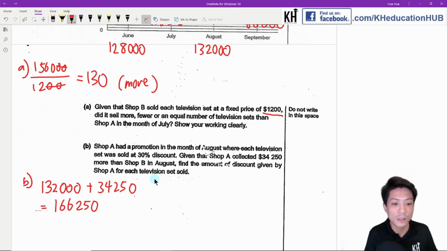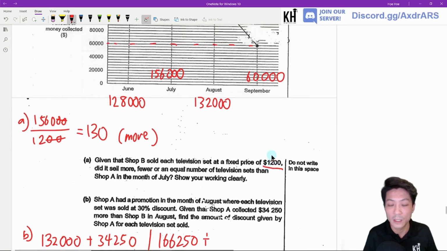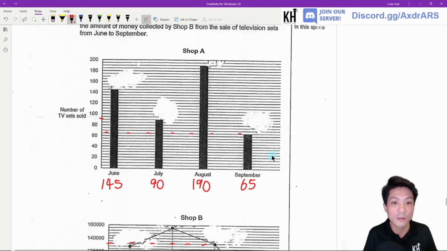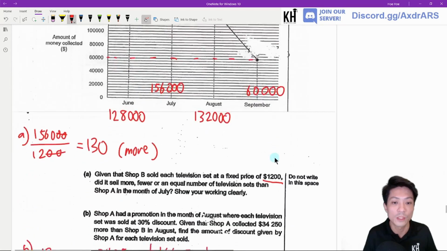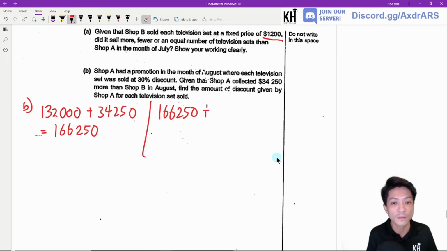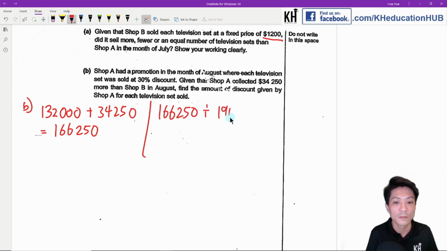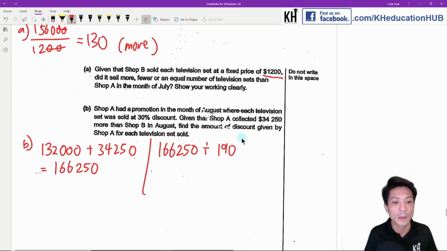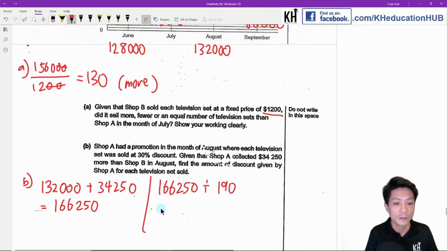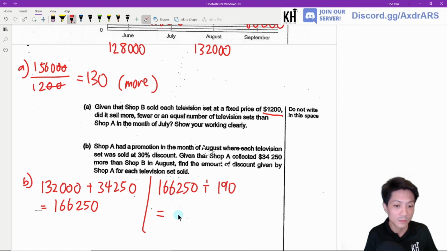Okay, so the next step would be to use 166,250 divided by the number of television sets in August for shop A, which is 190. Okay, this will give me $875.